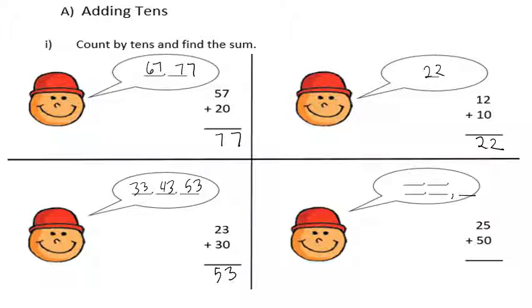So 25, 35, 45, 55, 65. What's my answer? 75. That's right. So let's go ahead and fill out these squares. 45, 55, 65, 75. So your answers should look like this.